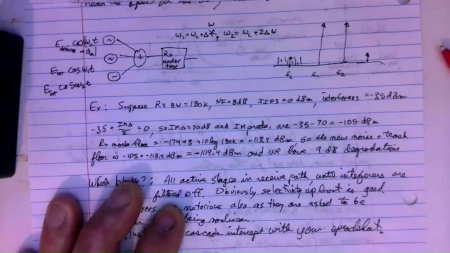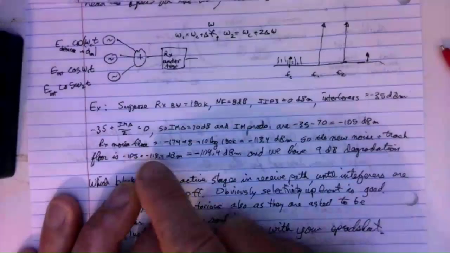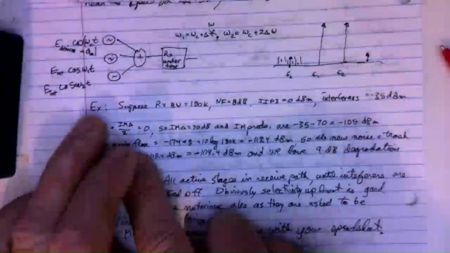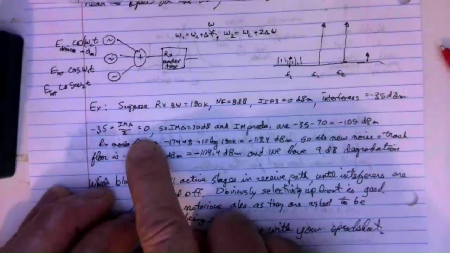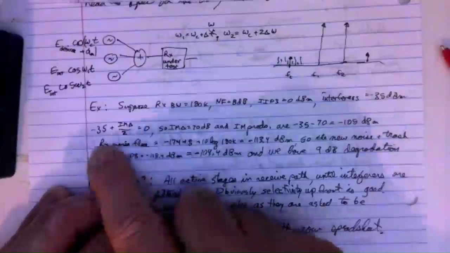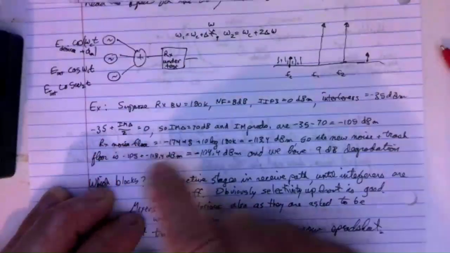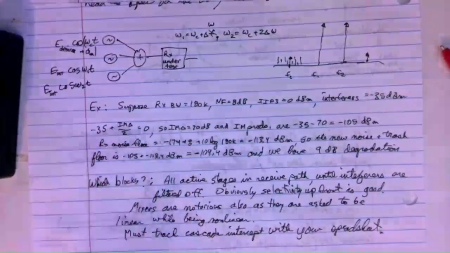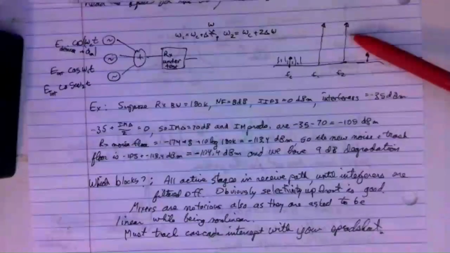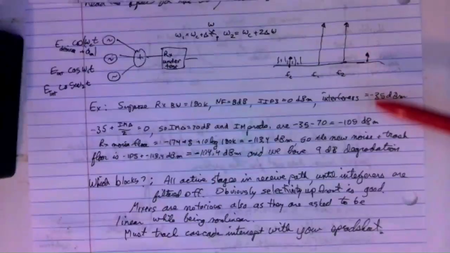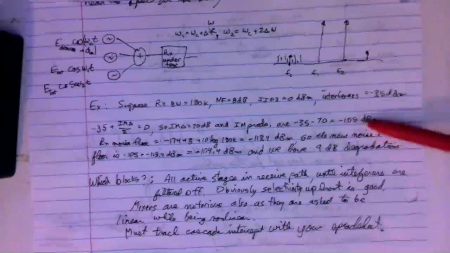All right, so that IM delta divided by 2, you add that to your tone level, and that'll give you the input intercept point. And we said that was 0, so there's our simple math. And then we can calculate that IM delta is 70 dB from that equation. And if the IM delta is 70 dB, that means these IM products here are 70 dB below the tone amplitude, and that puts them at minus 105 dBm.